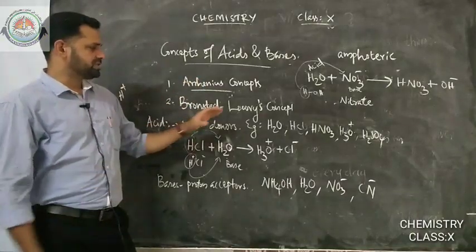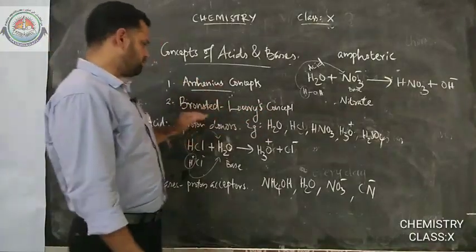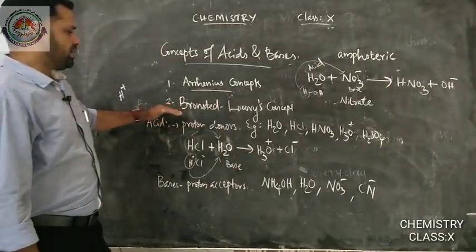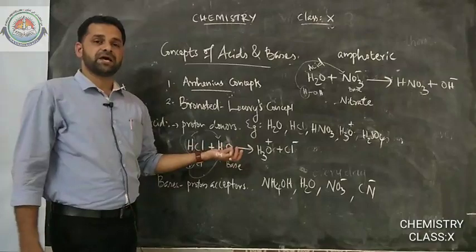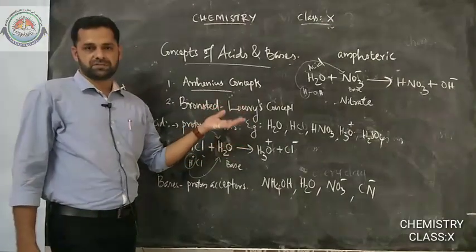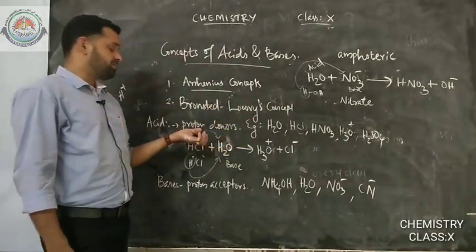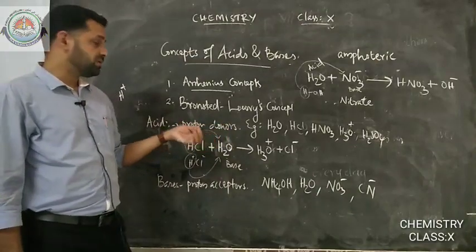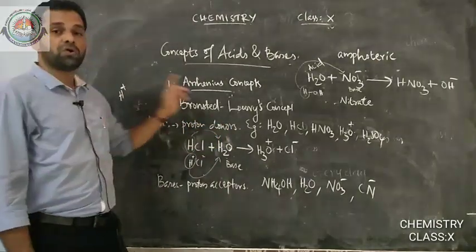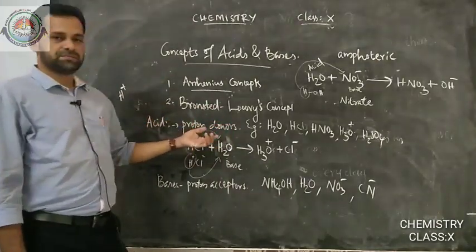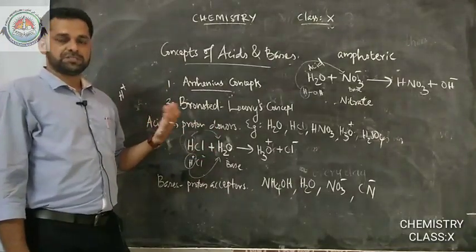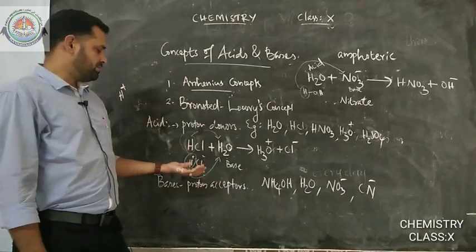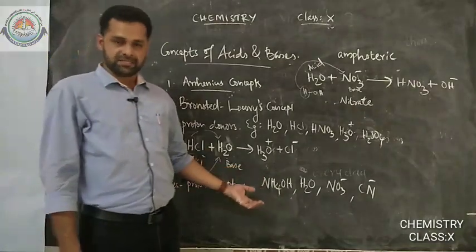Then Bronsted-Lowry's concept. In Bronsted-Lowry's concept, acids are the substances which are capable of giving H plus ion to other substances, or acids are proton donors, and bases are the substances which have the capacity to accept H plus ion, and that's why bases are proton acceptors.